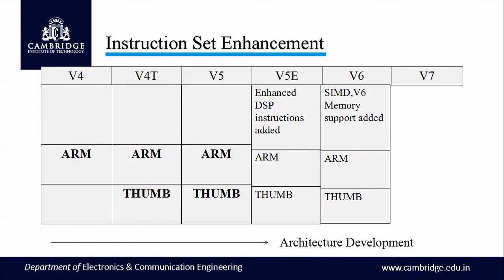And in version 7 came the thumb 2 technology, wherein the code density could be increased. The code density could be good, and the ease of use also was better. So this, with respect to the architectural development, indicates the instruction set enhancement.